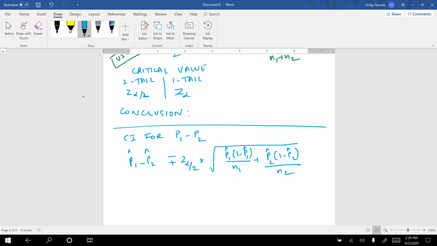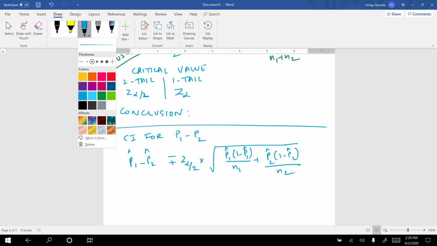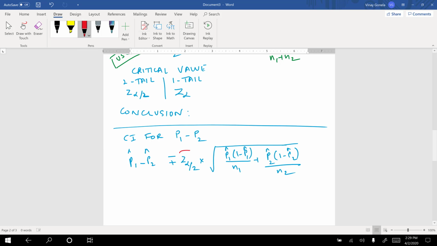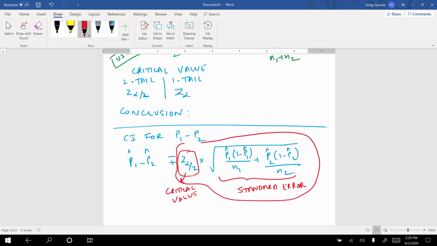The z alpha over 2 is the critical value in the formula. The square root part is the standard error, and this whole thing is called the margin of error.